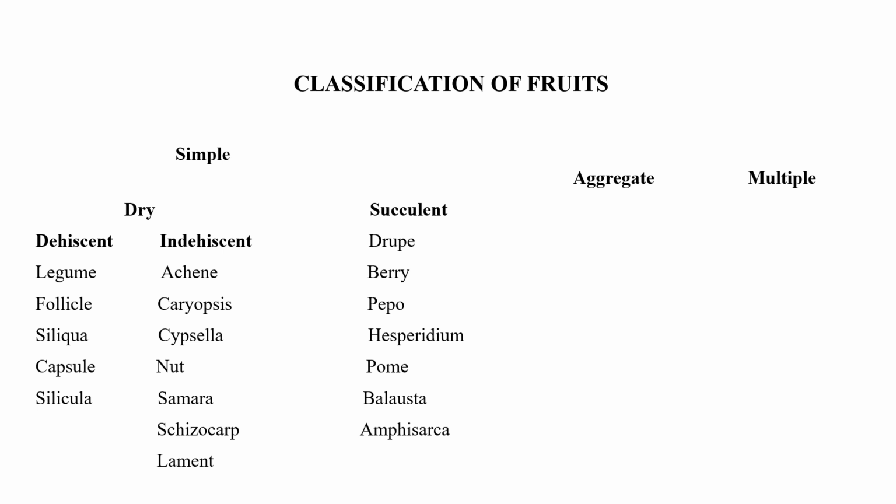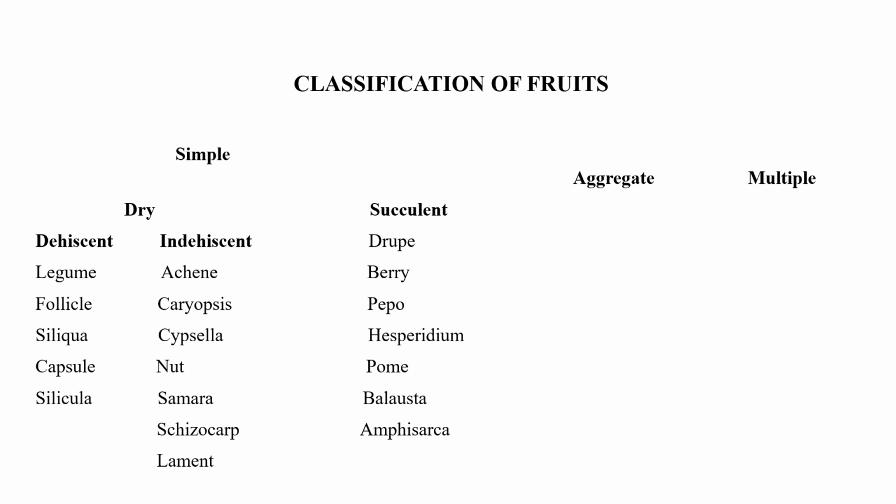Now, when we say simple fruit, when the fruit is formed from a single matured flower, that is referred to as simple fruit. But when it is formed from a flower with many carpels, many reproductive parts, it is referred to as aggregate.